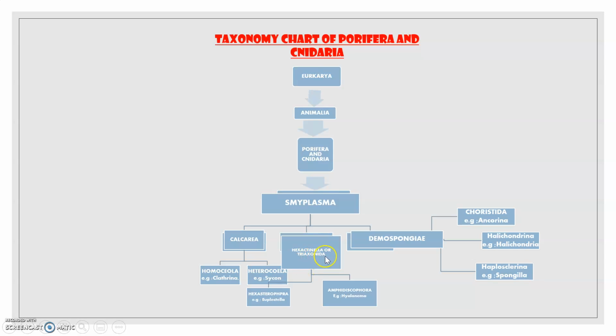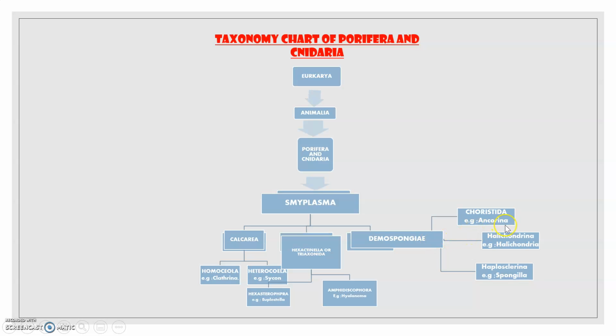For the Hexactinellida or Triaxonida, they have two orders. The first is Hexasterophora, and the example is Euplectella, and the second is Amphidiscophora, and the example of Amphidiscophora is Hyalonema. The third class, Demospongiae, is divided into three orders.